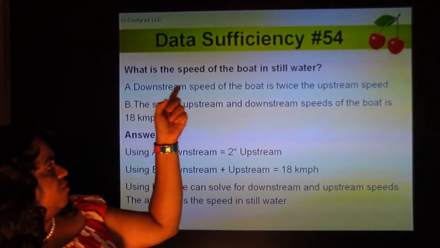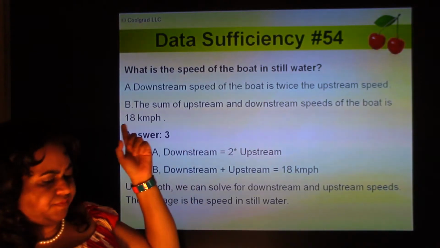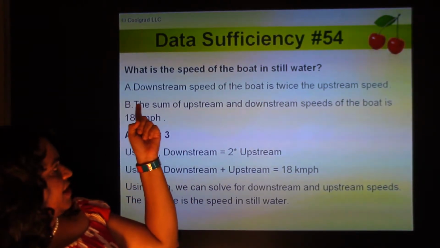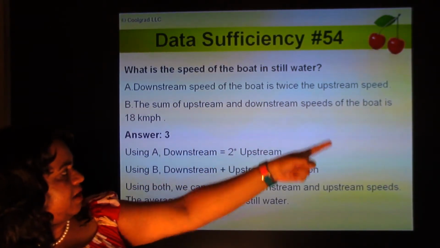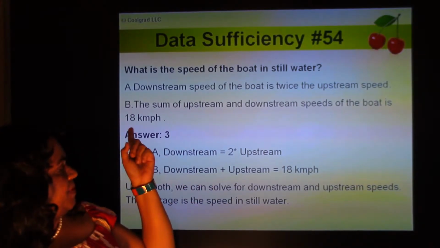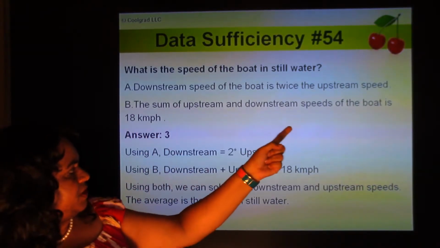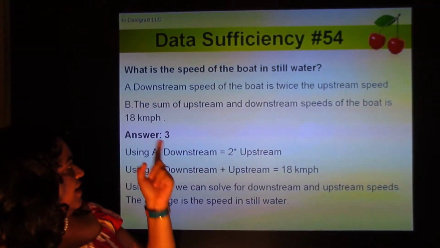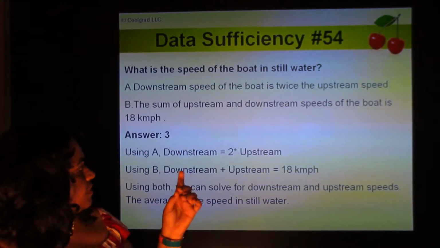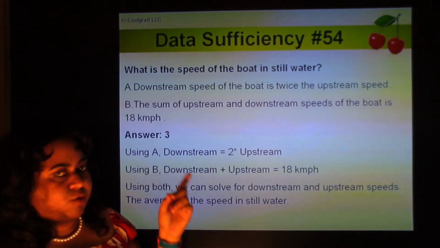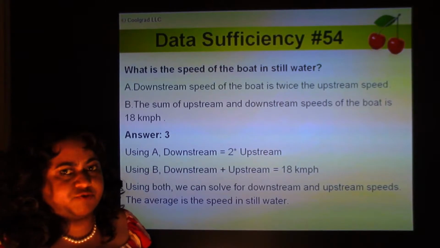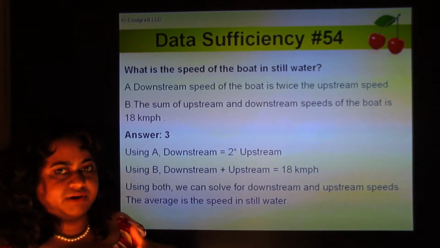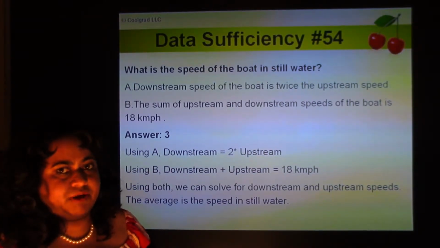Question 54. What is the speed of the boat in still water? Statement A. Downstream speed of the boat is twice the upstream speed. Statement B. The sum of the upstream and downstream speeds of the boat is 18 km per hour. So we know water offers a resistance when you're going upstream, and the flow of the water gives you an incentive when you're flowing downstream.